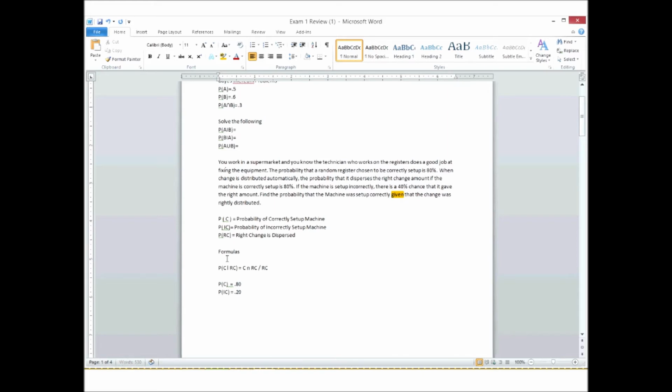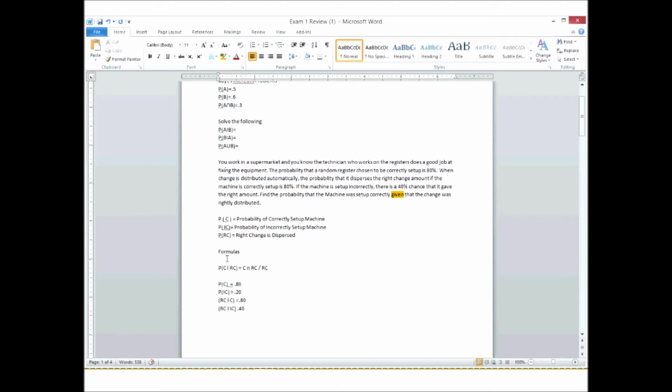They also go on to tell you that when change is distributed automatically, the probability that it dispenses the right change amount if the machine is set up correctly is 80%. So what they gave you is right change given set up correctly is 0.80. They also give you right change given the machine is set up incorrectly is 0.40.